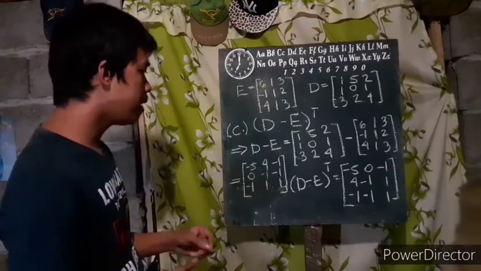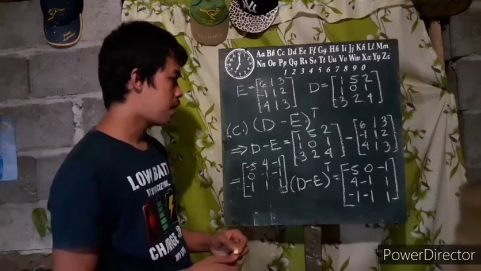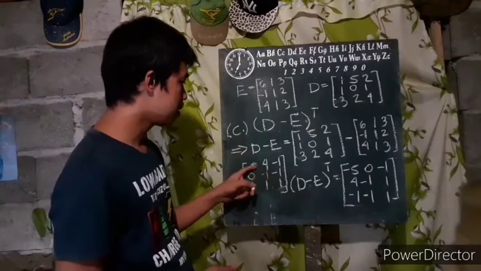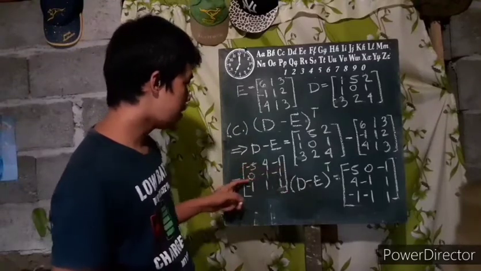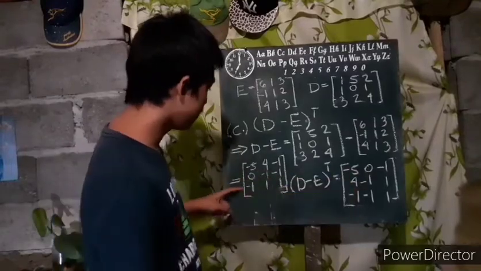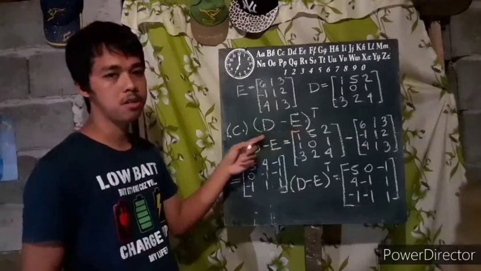Then we can easily find the transpose of D minus E. Just simply make the row into column. And that is the result of this expression.